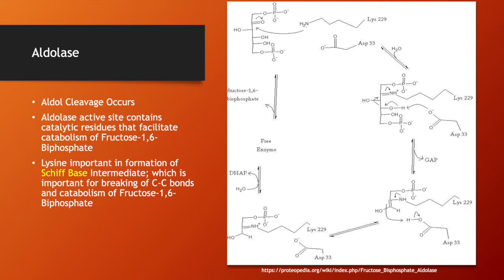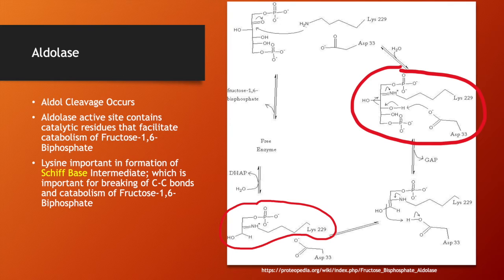So the Schiff base intermediates on our mechanism are going to be located right here. Here's one of them. And our Schiff base intermediate is going to reform here again. And they really facilitate the reaction because they increase the reactivity.